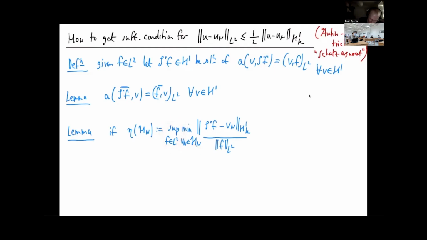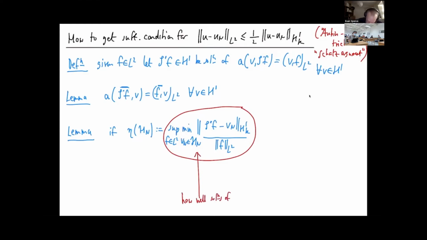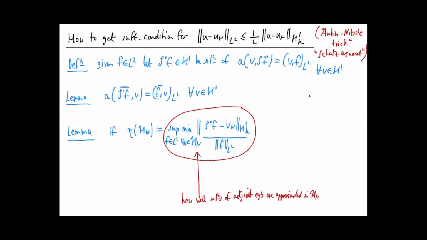I'm going to circle this, and this is saying how well solutions of the adjoint equation are approximated in this space Hn. And by the first lemma, this is just how well solutions of the regular Helmholtz equation are approximated.